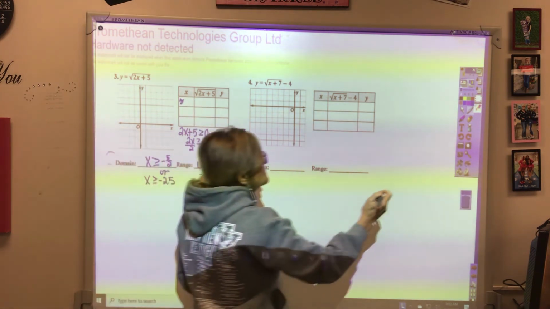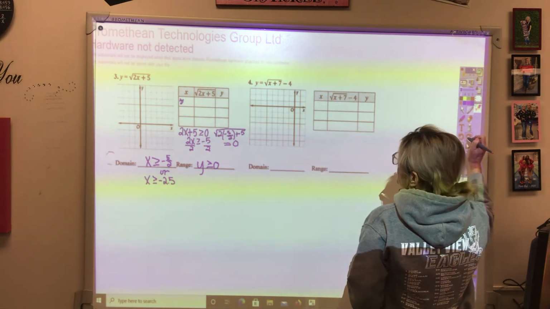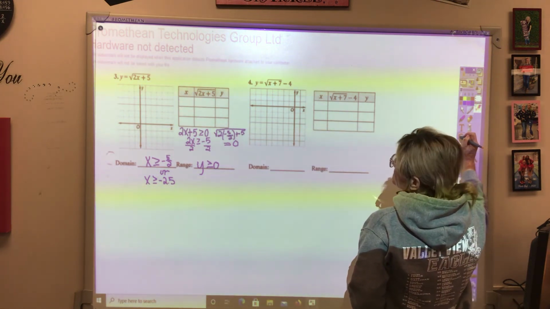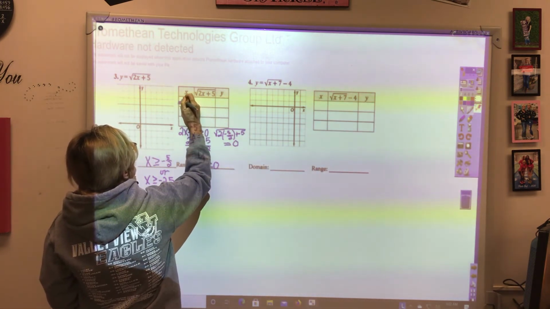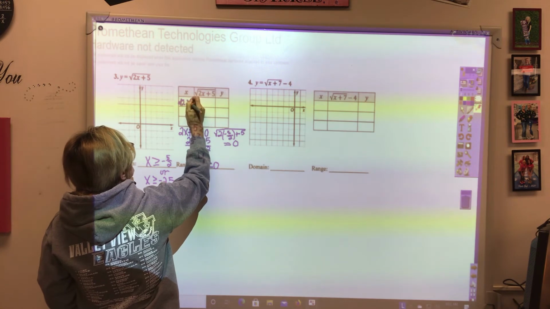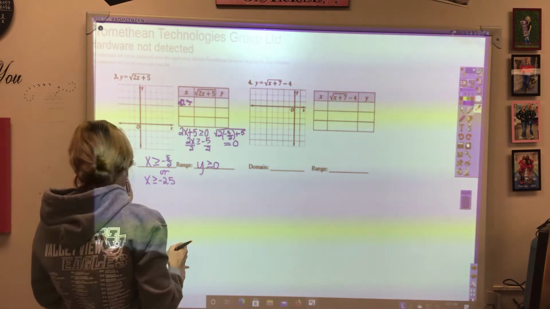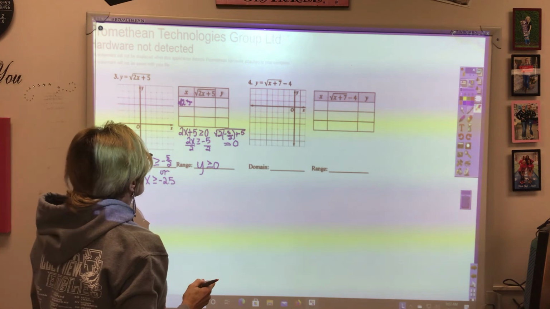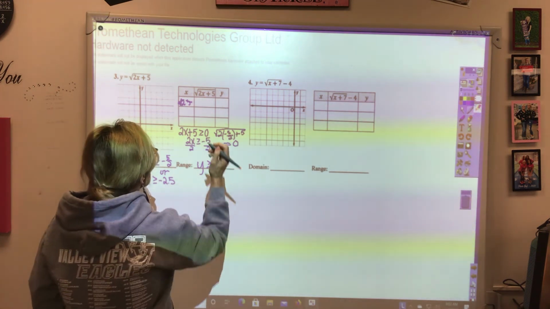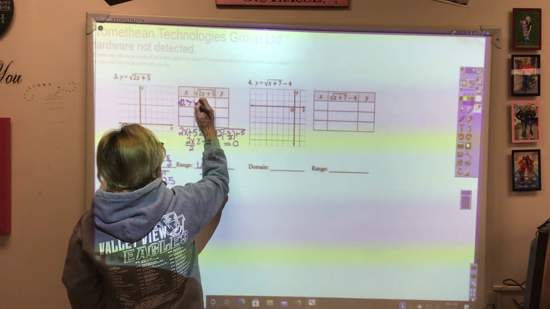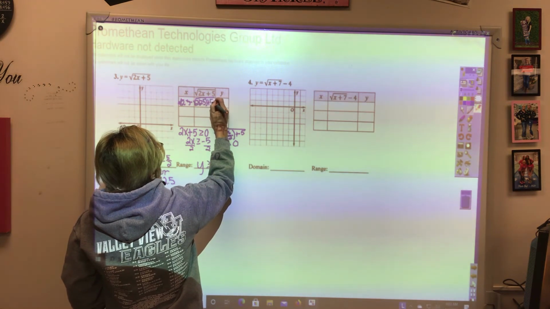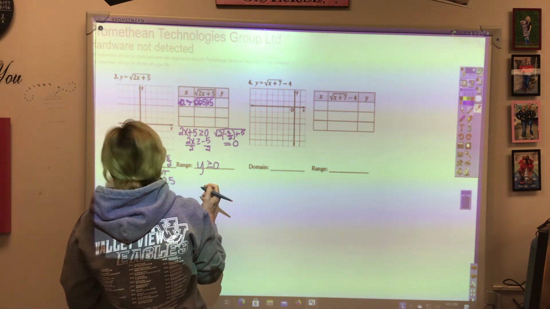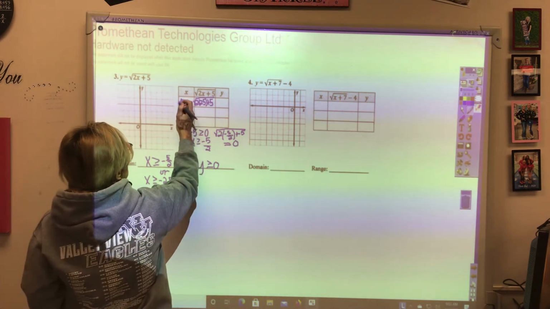Well, what's going on with my pen? Something's strange going on with my pen. That's a 2.5. And you would do the square root of 2 times the 2.5 plus 5, or that was, I'm sorry, that's negative.